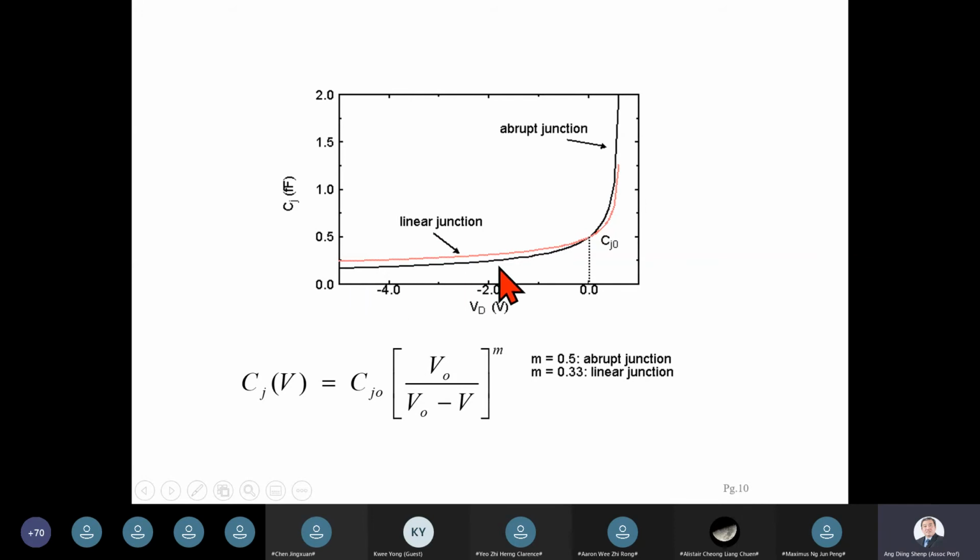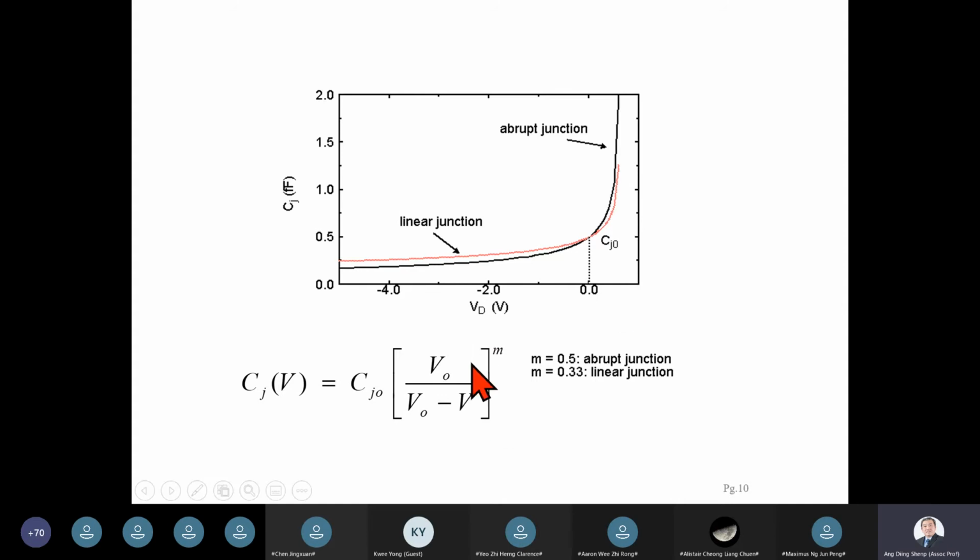The difference is not significant. The red line corresponds to the linear junction, the black line to the abrupt junction. A similar expression applies in the case of a linear junction, except that the exponent becomes 1/3 instead of 1/2. If you are more adventurous, you can redo the whole derivation for a linearly graded junction to see if you can come to this result.